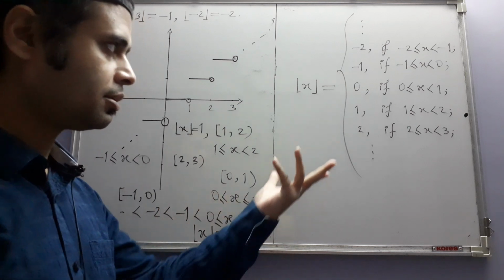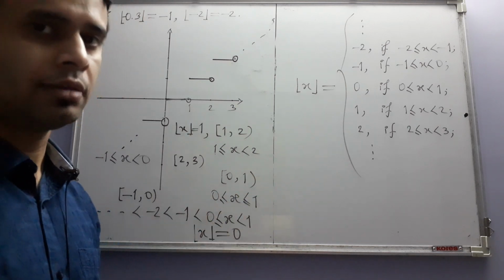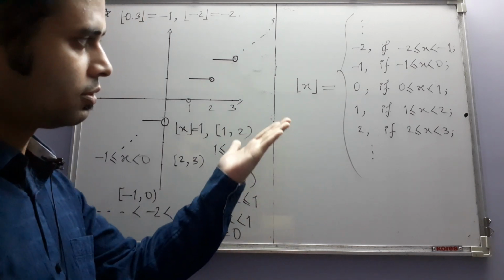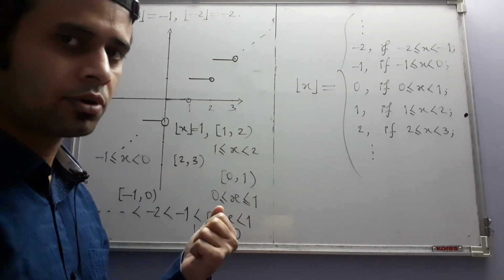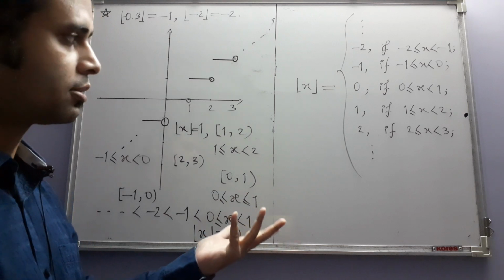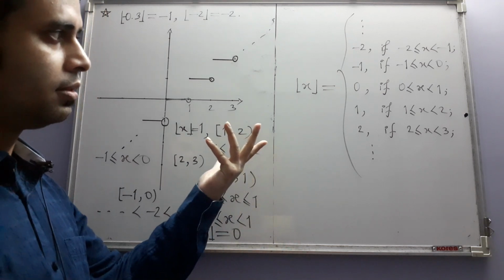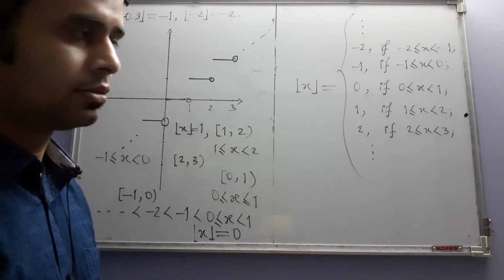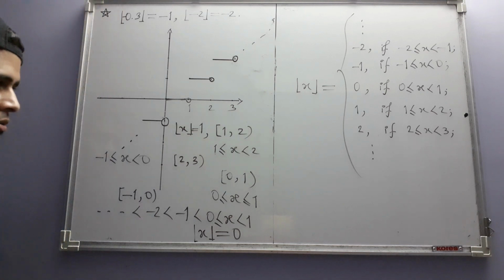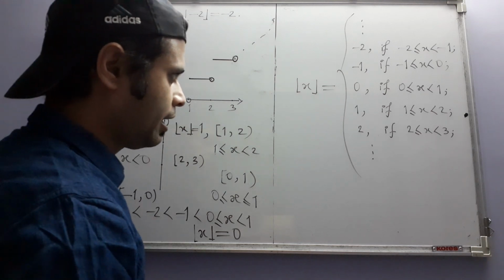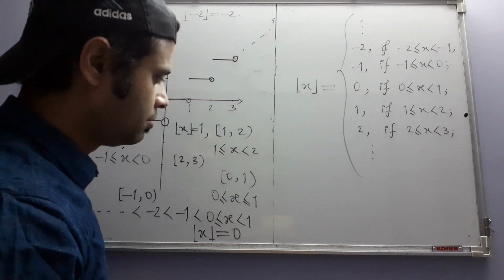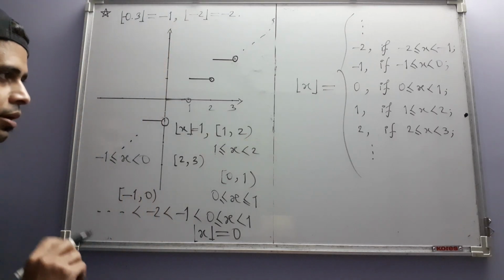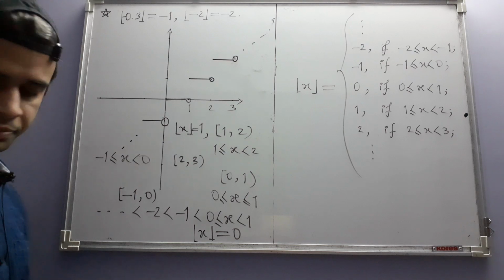But actually, you can see, one will get the same function. So that is why the greatest integer function, or the floor function, integer floor function, or the step function, is a piecewise defined function. And you can now almost see that it has a cousin, which is the least integer function.